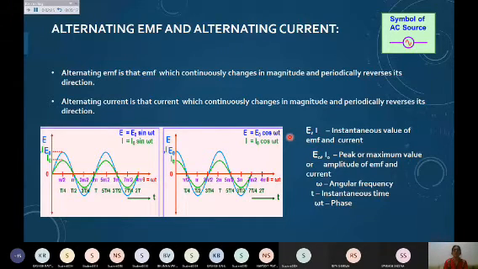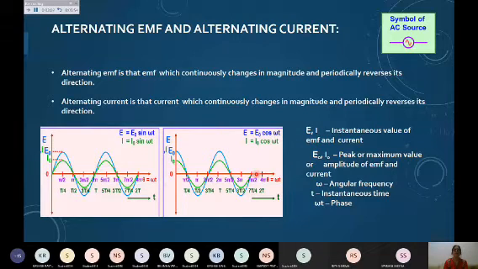While E naught or I naught are the peak values, whatever we gave the name amplitude, that is the maximum value, the peak value of EMF or current. E naught for the maximum value of EMF, I naught for the maximum value of current.